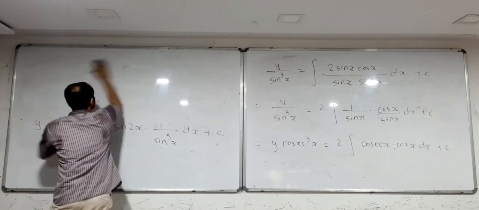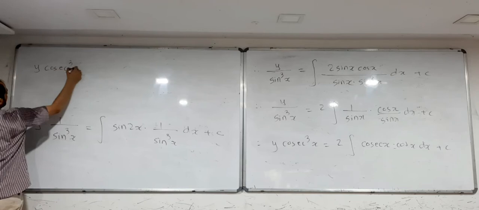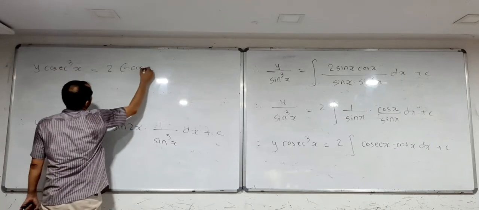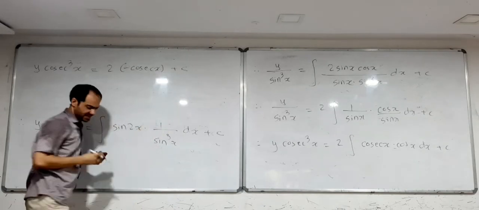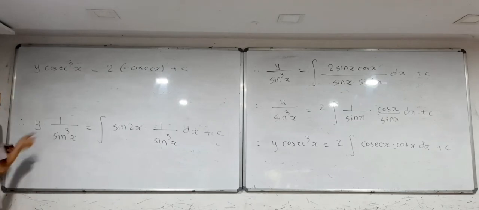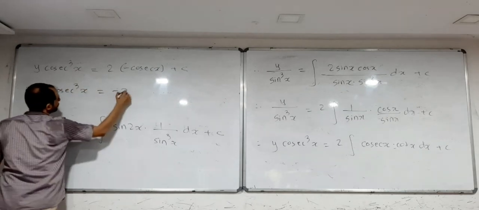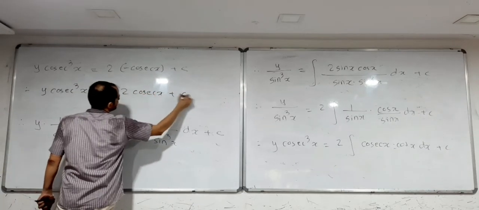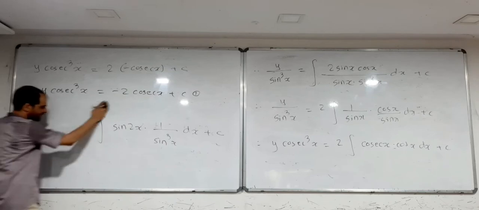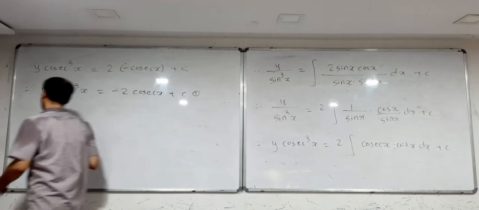So y into cosec cube x is equal to 2 into minus cosec x plus c is the general solution, so y into cosec cube x is equal to minus 2 cosec x plus c. Result number 1 is the general solution here.